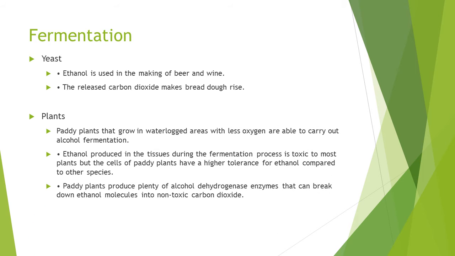Paddy plants that grow in waterlogged areas with less oxygen are able to carry out alcohol fermentation. Ethanol produced in the tissue during the fermentation process is toxic to most plants, but the cells of paddy plants have a higher tolerance of ethanol compared to other species. Why is this paddy plant able to tolerate the accumulation of ethanol? Because the paddy plant produces plenty of alcohol dehydrogenase enzyme.